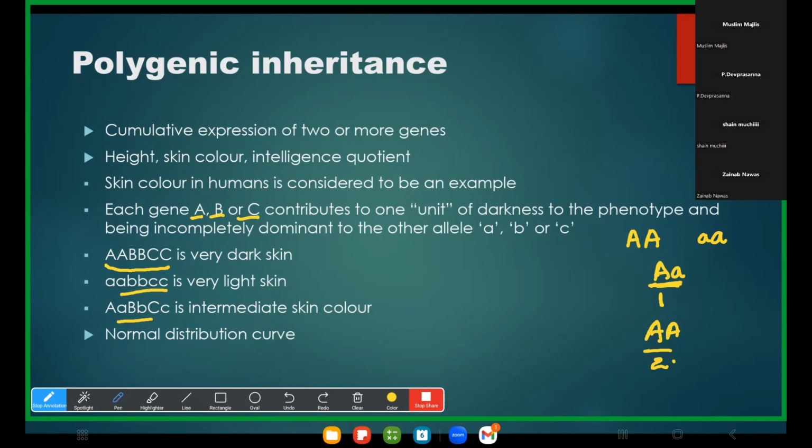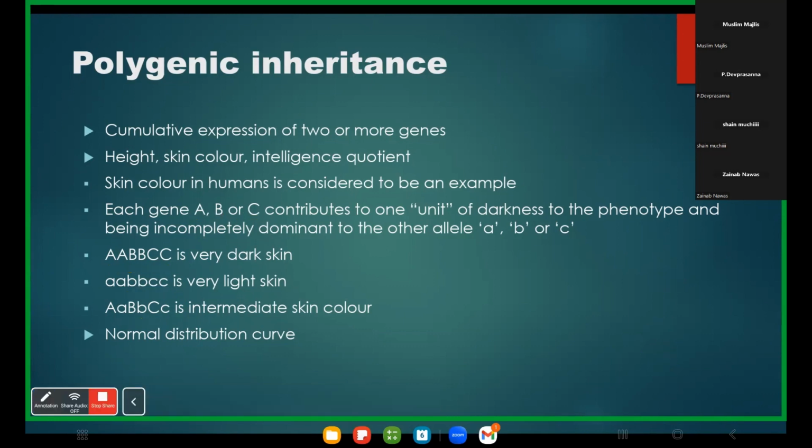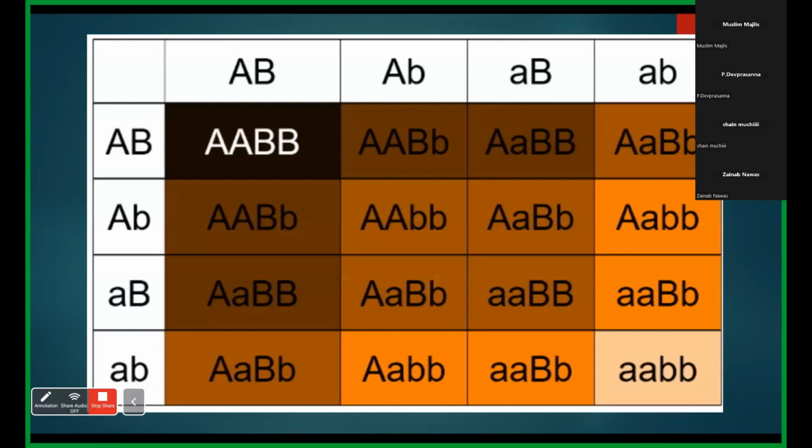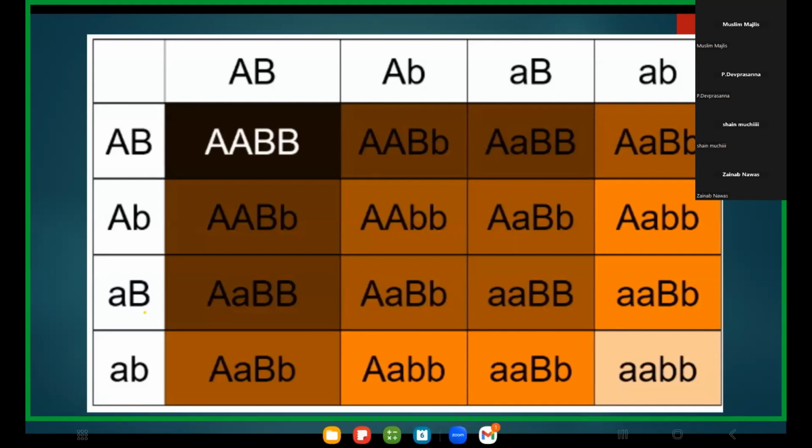So this kind of situation is expressed in this kind of chart. We could have the parental phenotype as capital A, capital B, and capital A, capital B of the other parental phenotype would result in a very dark skin.